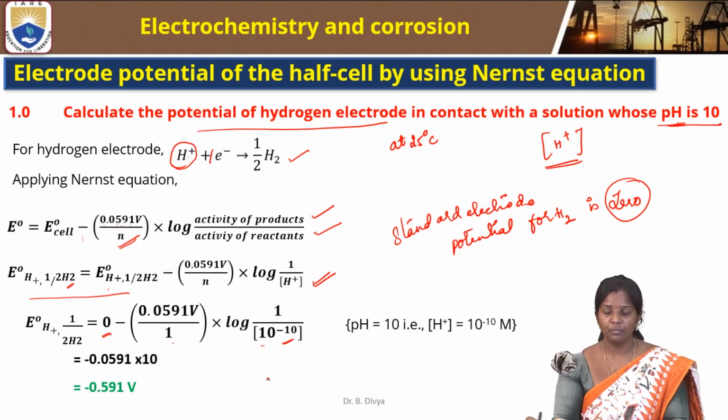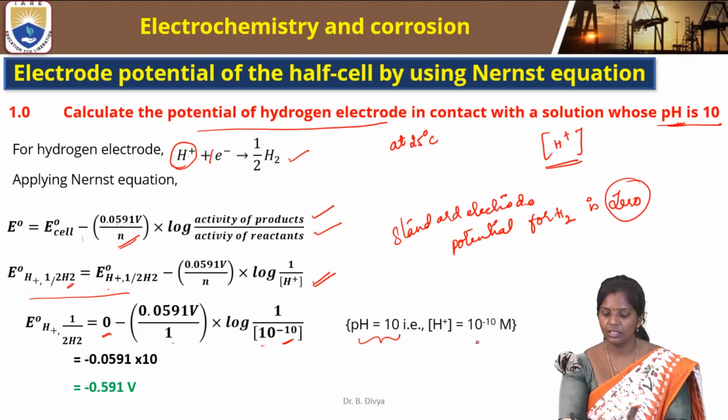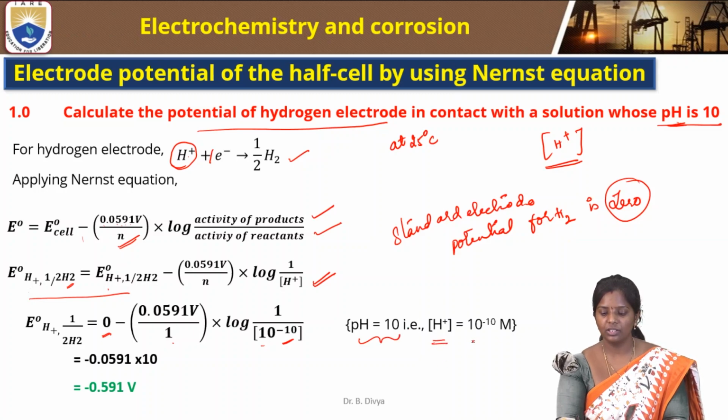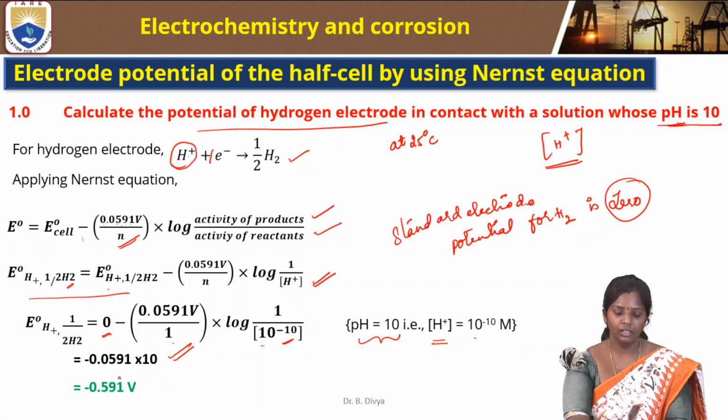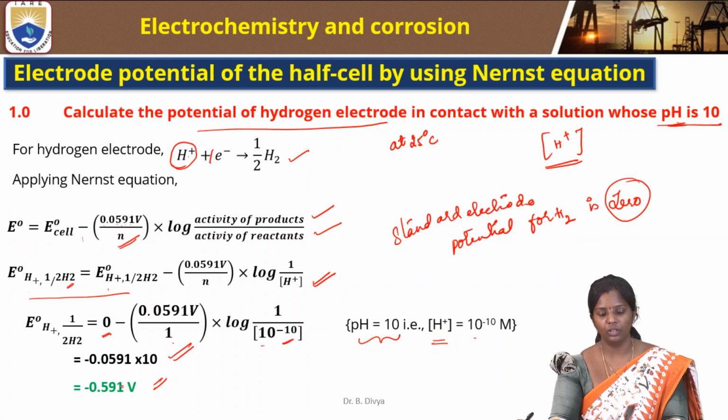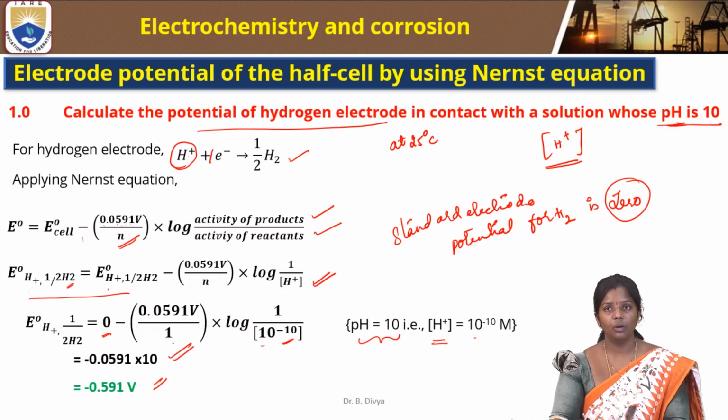Here only 1 electron is used. Why 10 power minus 10? Because pH 10 means the H plus ion concentration is 10 power minus 10 molarity. When we express it in concentration, it is 10 power minus 10 mole. Upon calculation, we get minus 0.591 volt.